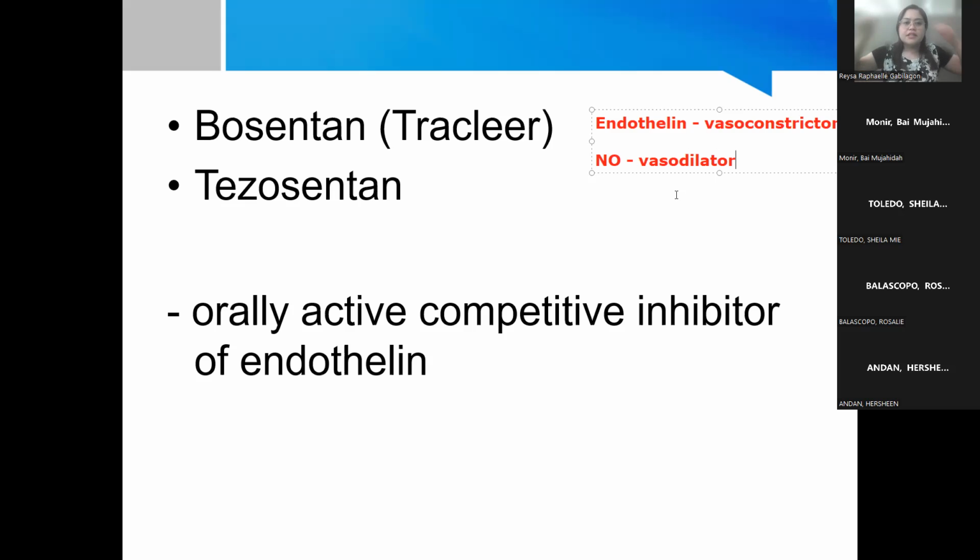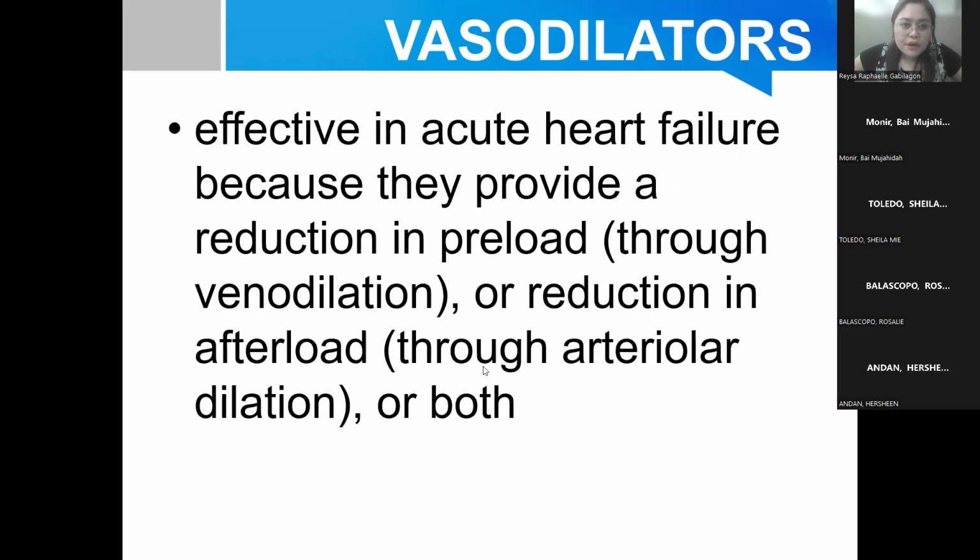Therefore, if we give patients either bosentan or tezosentan, by the way, Tracleer is a brand name, then we inhibit the endothelin. Therefore, there will be no vasoconstriction. Okay, so these are other drugs for our heart failure. Aside from that, we also have vasodilators. So, syempre, we dilate blood vessels para ma-reduce yung preload sa heart.